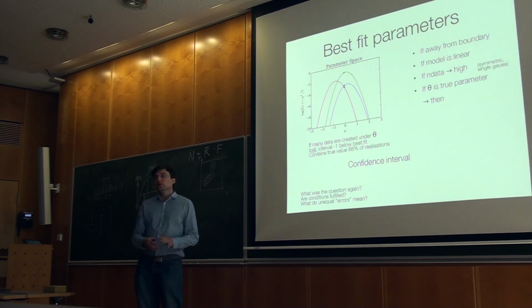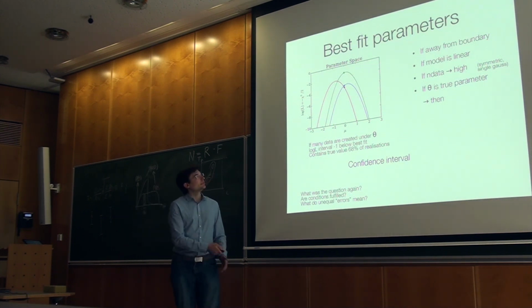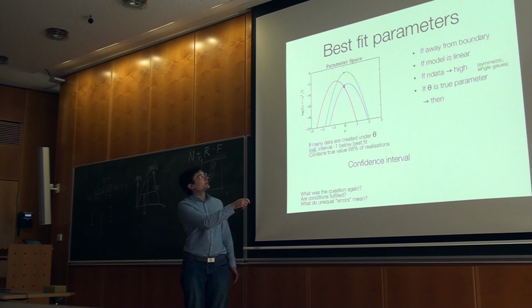And now we will make a couple of assumptions. Let's assume the curve here is the likelihood. Here it is plotted. So you found your peak, and then it decreases to both sides.